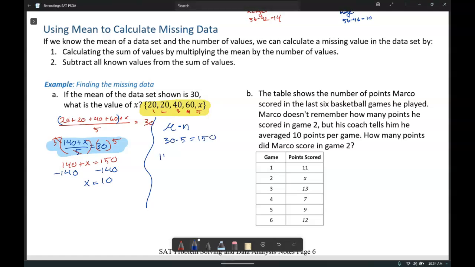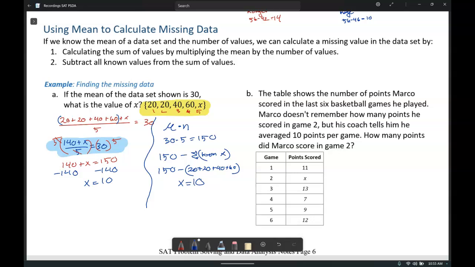Then we take that sum and subtract the sum of all the known data values, so 150 minus 20 plus 20 plus 40 plus 60. We subtract all of those values, and we still end up getting x equals 10.